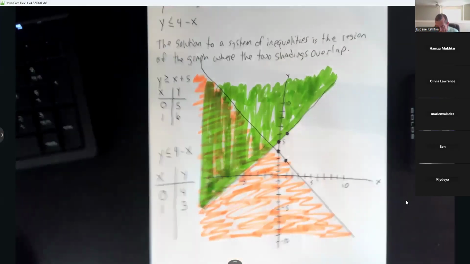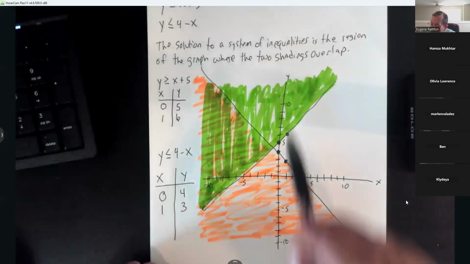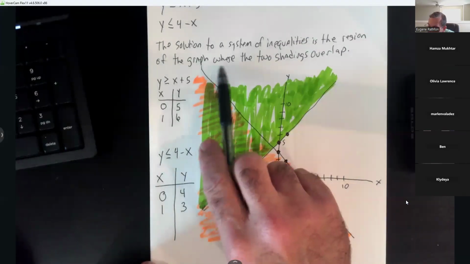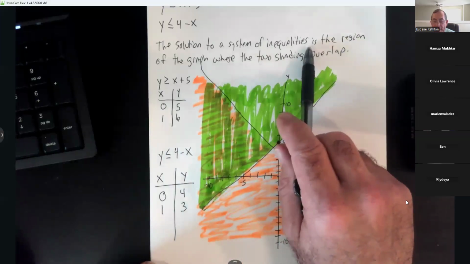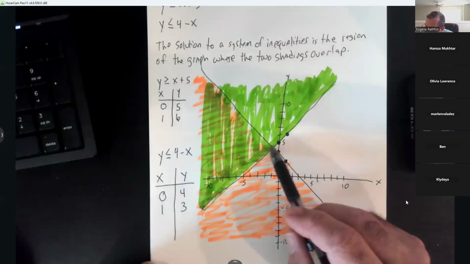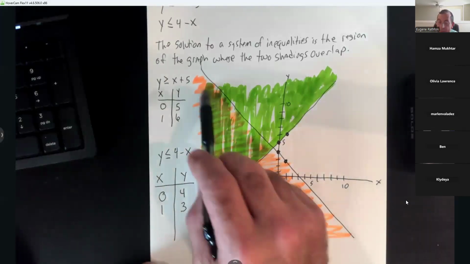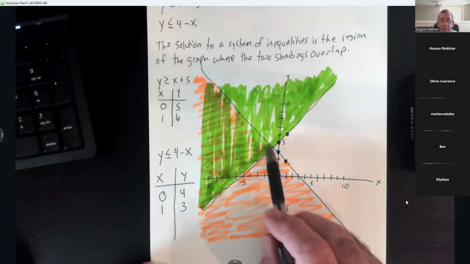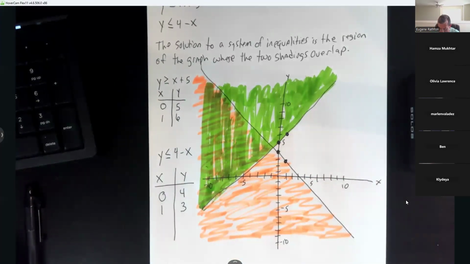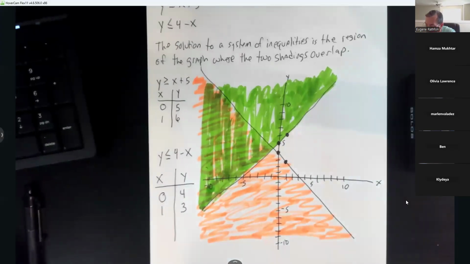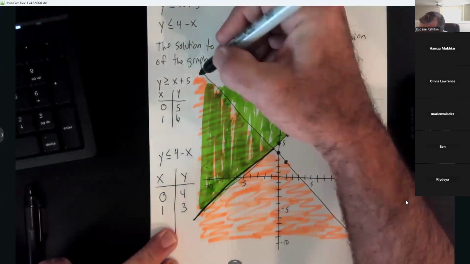So remember, we said the solution is where the two shadings overlap. Well, this section right in here, I got green and orange shadings overlapping. So the only solution for this problem would be this section right here.